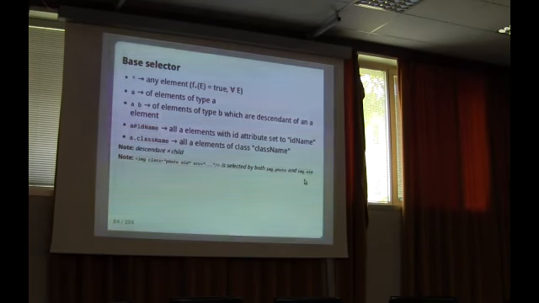A selector given by just the name of an element returns true only for that kind of element. For example, the selector a just returns true for all anchor elements and false for all the other elements. Then there is the descendant selector A B, which means that the function will return true for all and only the elements of kind B that are descendants of elements of kind A.